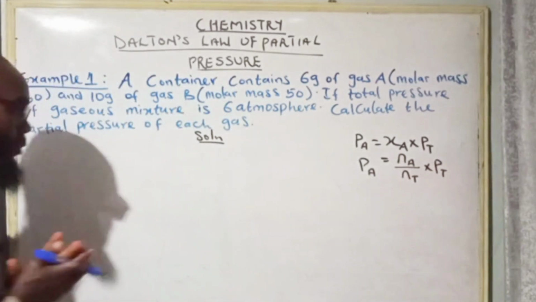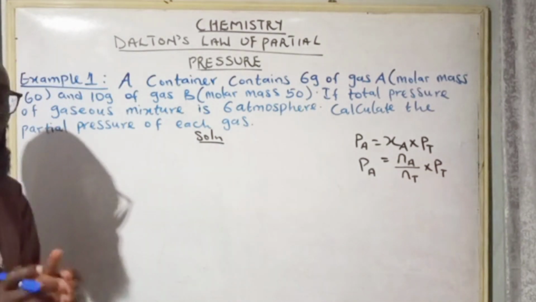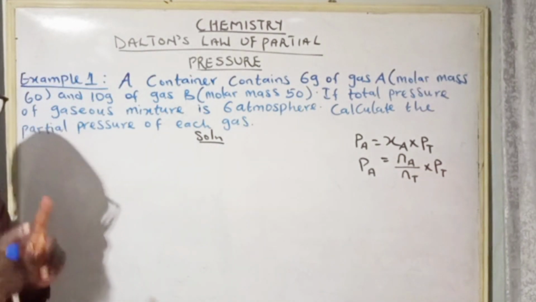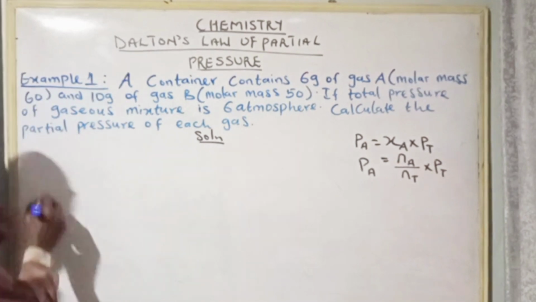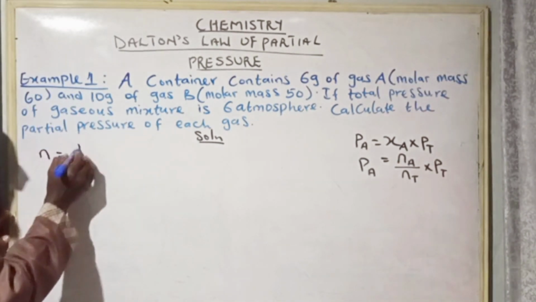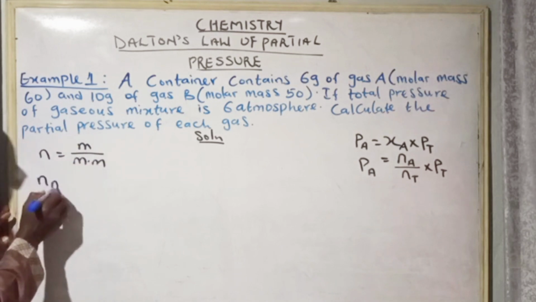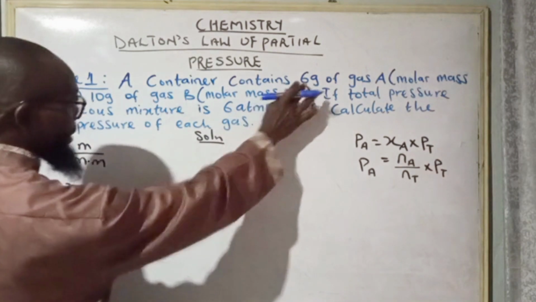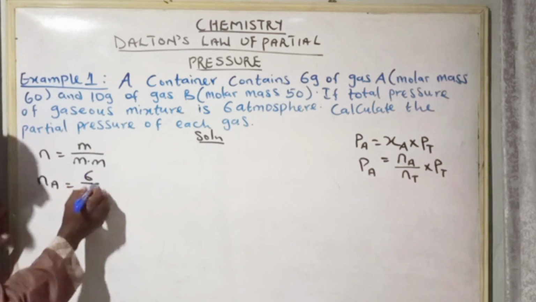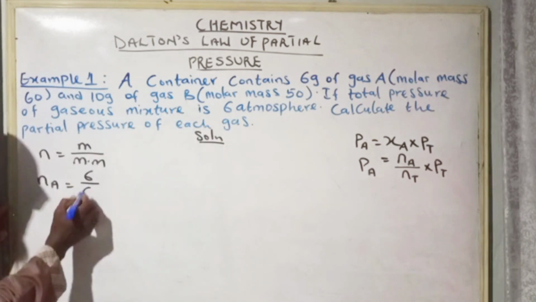To get our number of moles of A, recall one of your formulae of mole concepts that says amount N equals mass over molar mass. So the amount of A will equal the mass of A, given here as 6 grams, divided by the molar mass, given to be 60.